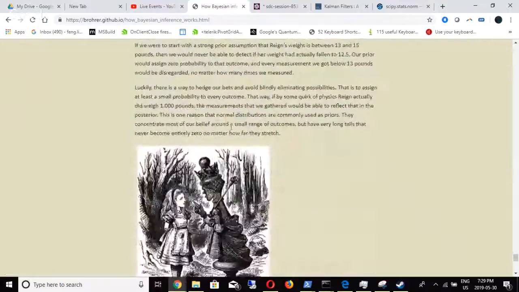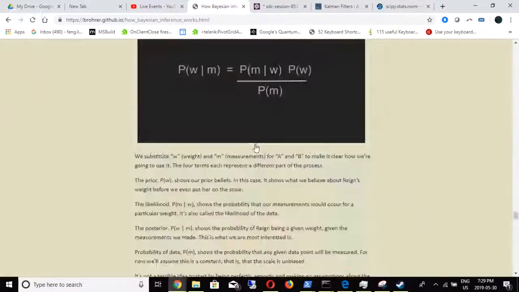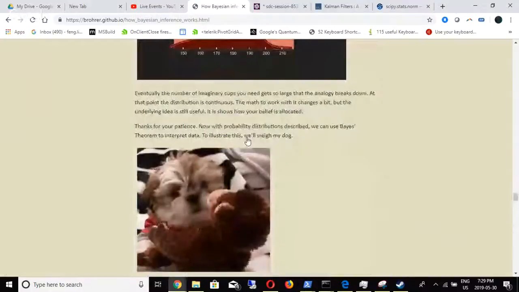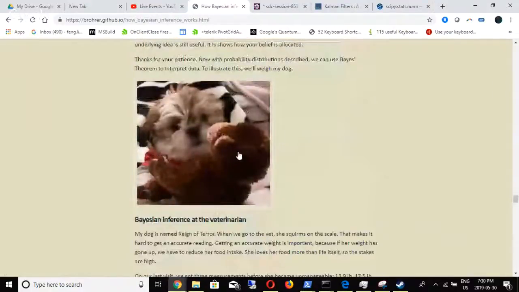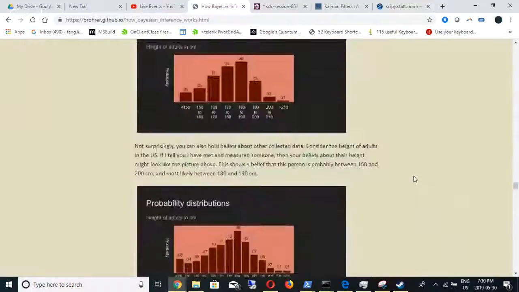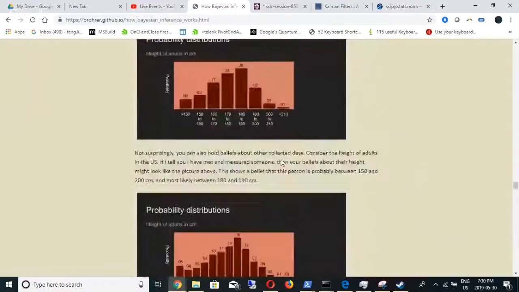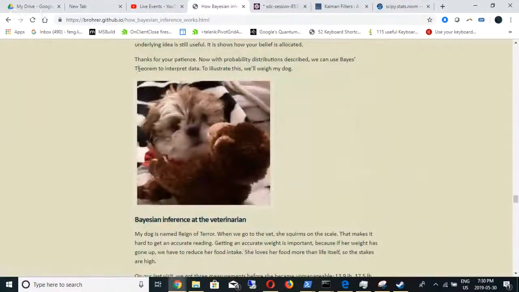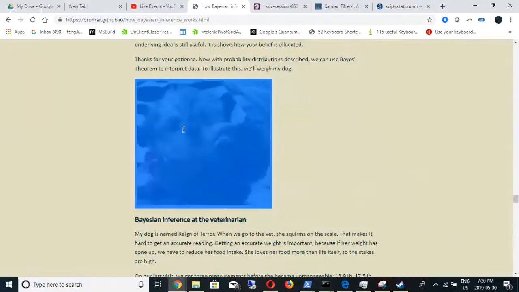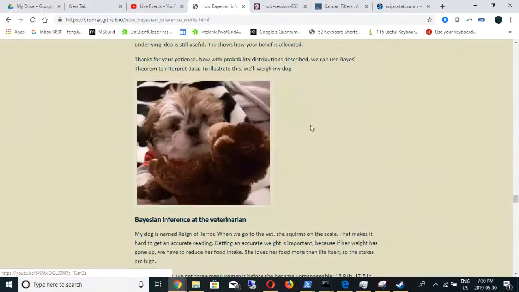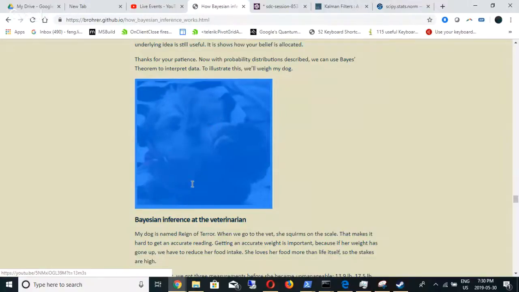This uses a different example. I think you go to the example of his doggo, whose name was, what was his name? Rain, Reign of Terror, who seemingly gained weight. They measured Rain's weight, and it was uncertain.